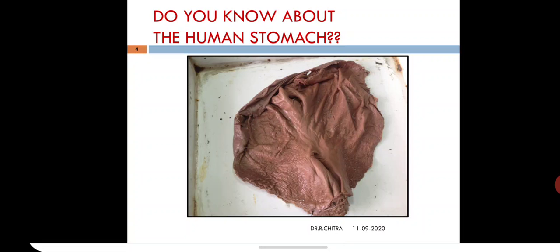Through endoscopy, the surgeons will see the stomach and often see a gastric ulcer or growth in the stomach. The stomach is distensible according to your food habits. So healthy food habits and a healthy diet keep the stomach healthy.